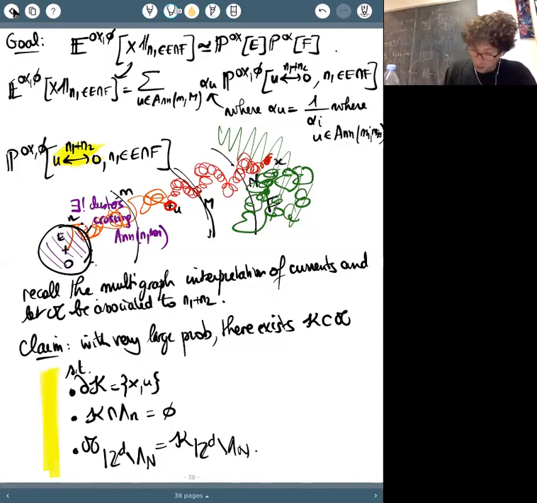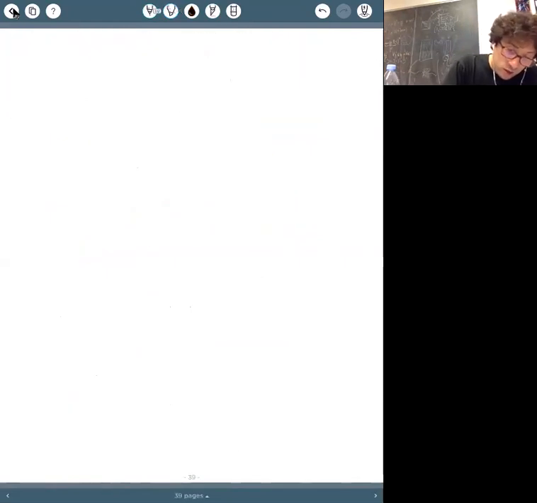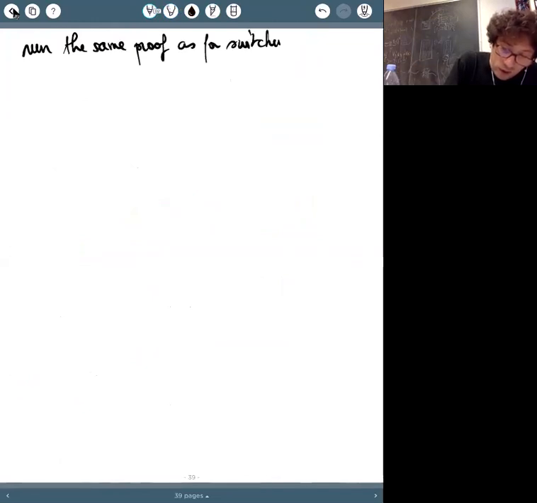Okay, so if you have this K, what you can do is you can run the same proof as for the switching lemma. You remember in the switching lemma, we were doing the symmetric difference with a path from 0, I mean, from a set K with sources A. We were making the symmetric difference in M and proving that you have as many configurations.